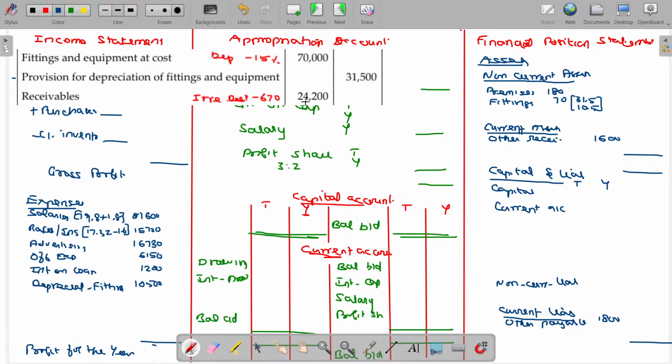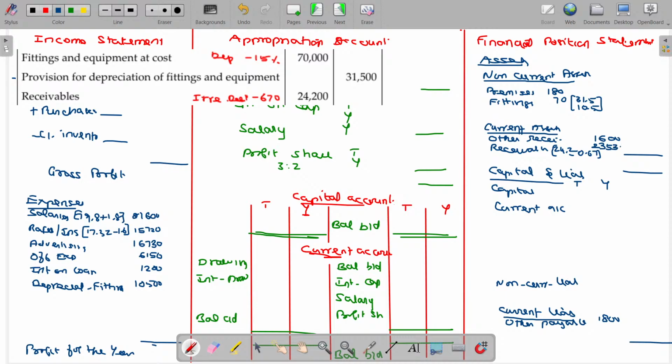And receivables, current assets, the value being 24,200. There is an irrecoverable debt of 670 that should be subtracted from here. After subtracting, what is the final value? 23,530.